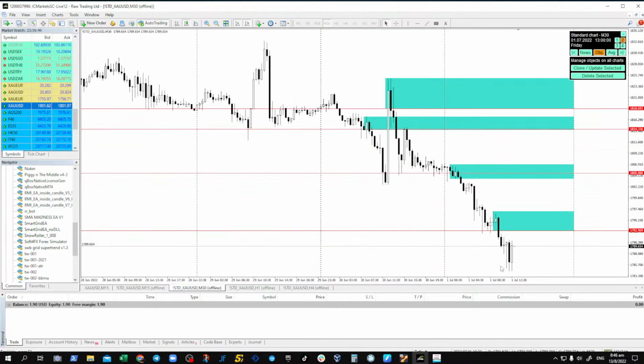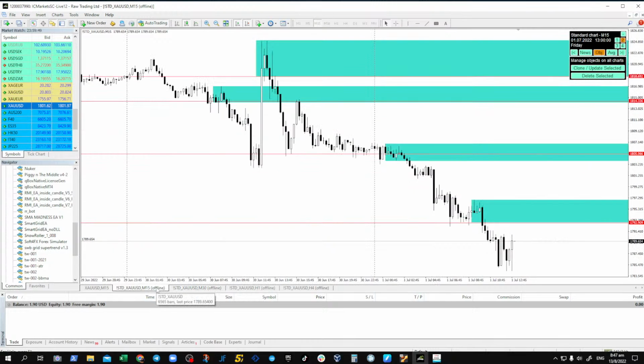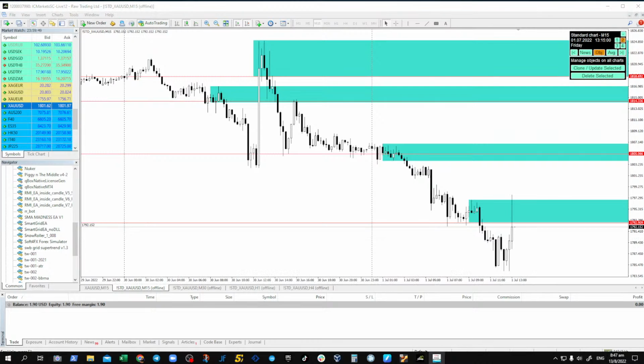In M30 we can see price makes a break of structure here and it comes back. So what I look for is a sell: this level, break, pullback, entry, and we zoom in to M15 for the entry. So let's move the candlestick M15 at a time. As you can see here, if we put a sell limit, you'll probably trigger and get stopped out at the same time.